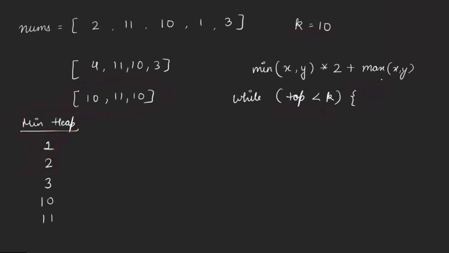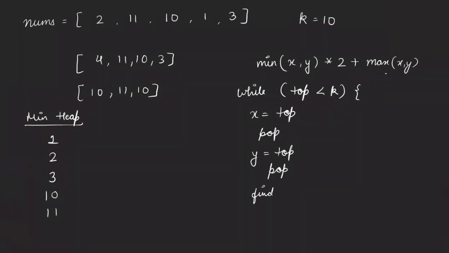So we can just take the top element, this will be x, and then we can pop it, and then again take the top element, which will be y, and pop it, right? Then we will find the new value with the formula, and whatever it is we will push it back into the heap, right? And then we can count our operations, and this is what we will do, right?